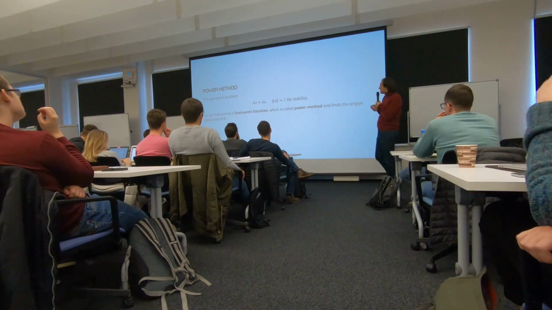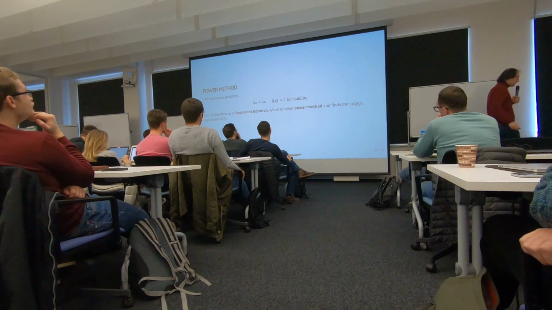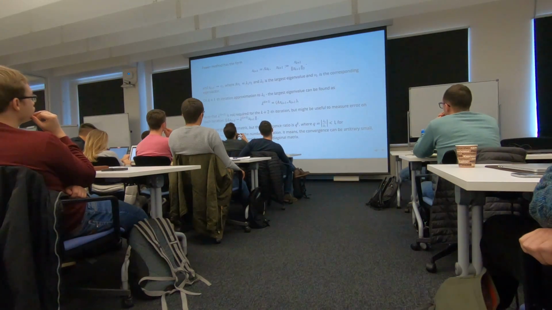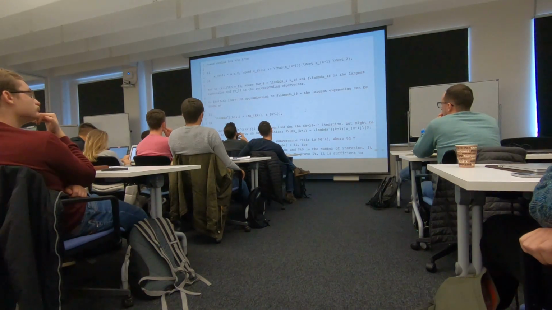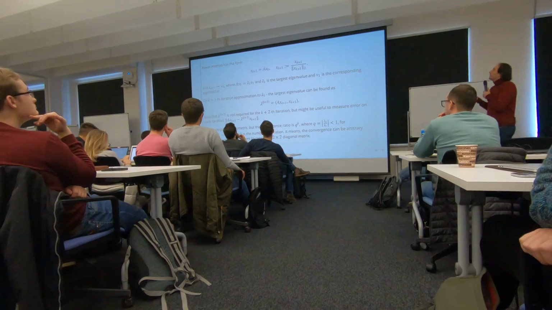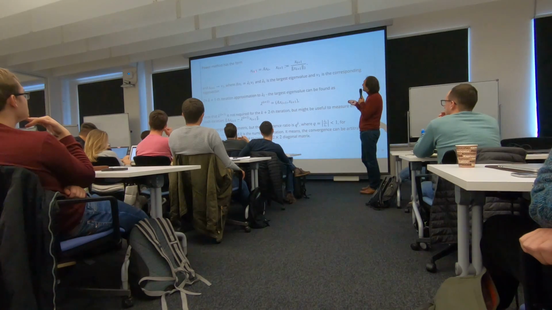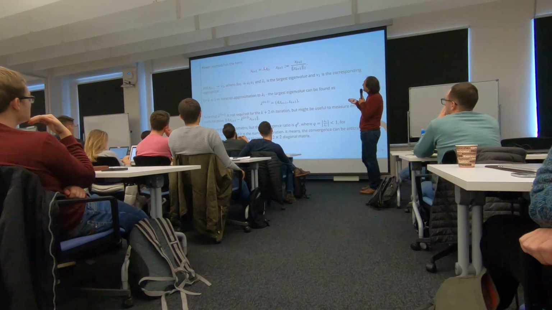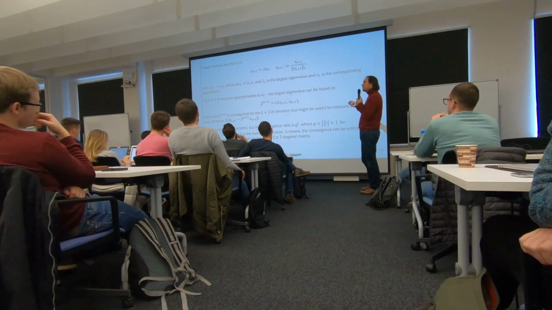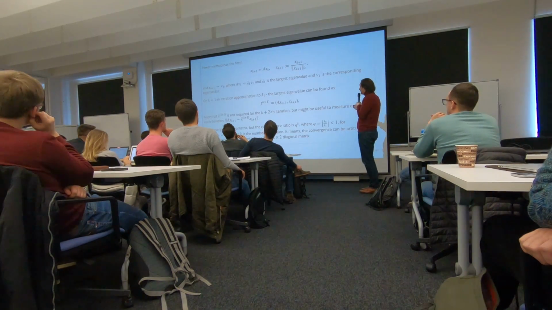So we can rewrite this as a fixed point iteration. We can express x_{k+1} as the normalized product of A times x_k, or write it in terms of 2 steps. We multiply the matrix by the vector, and then we normalize it.